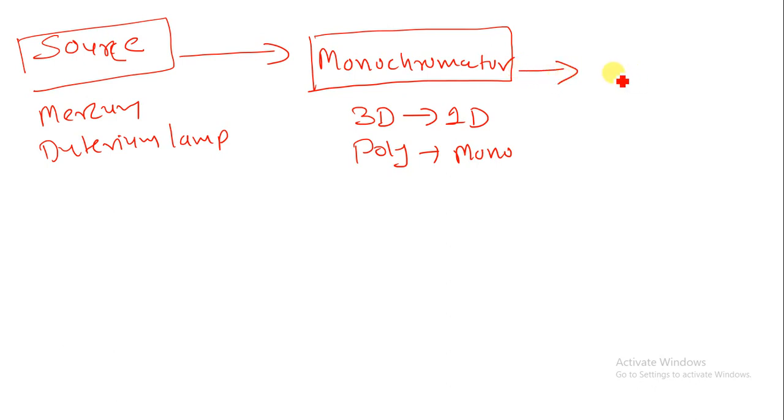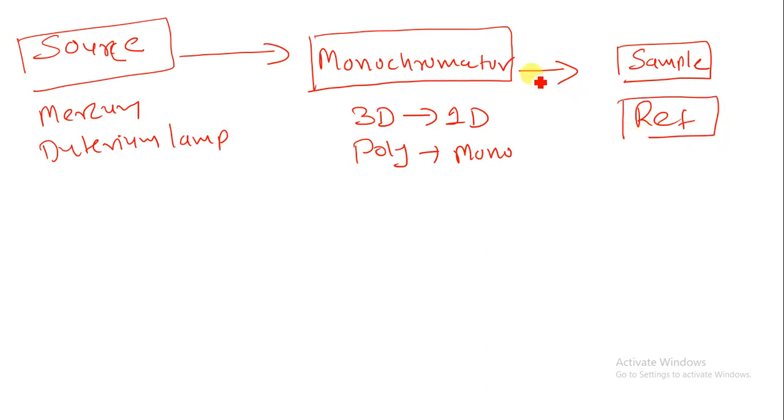Then we have two compartments: the first is the sample compartment and the second is the reference compartment. The UV radiation falls on both, then travels to the detector.